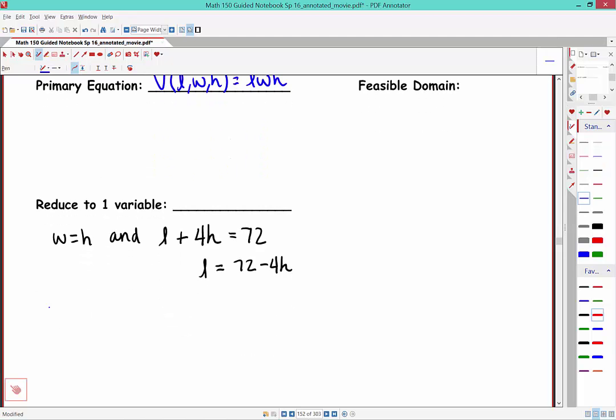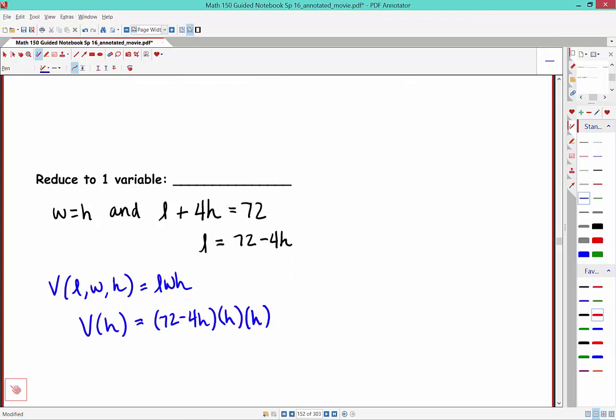All right, so the volume in terms of length times width times height: now, the volume in terms of height alone is 72 minus 4h for the L, h for the W, and h for the h.